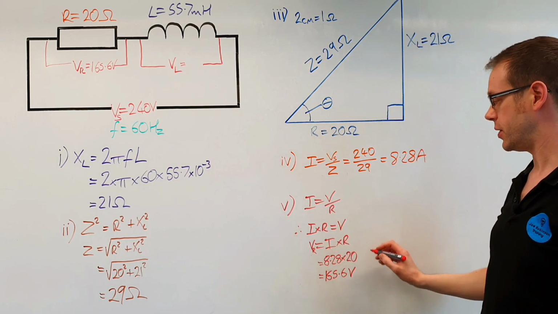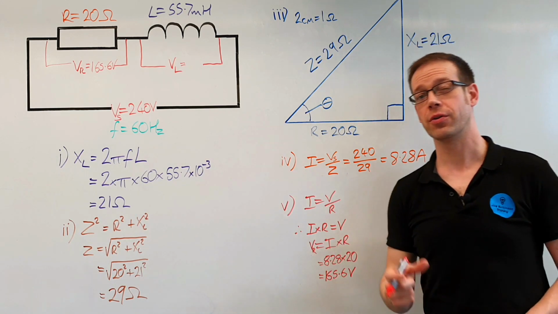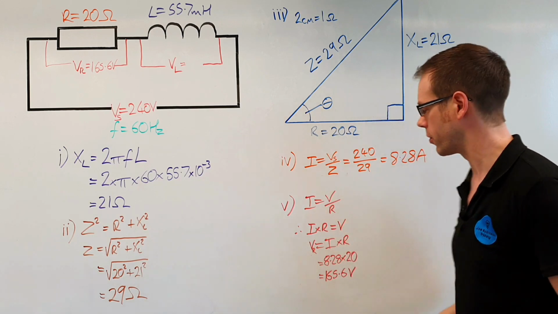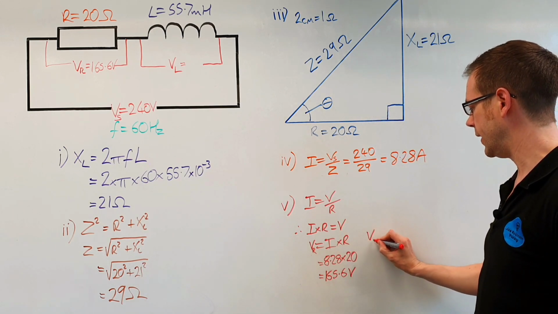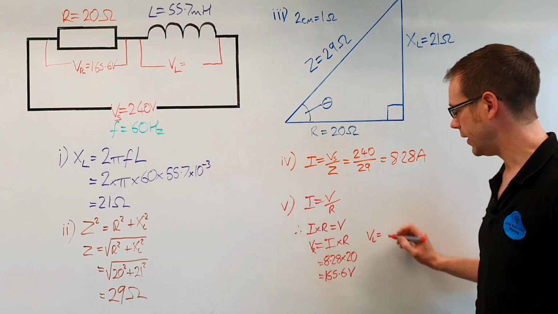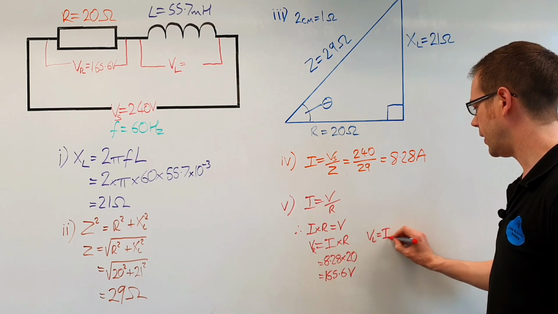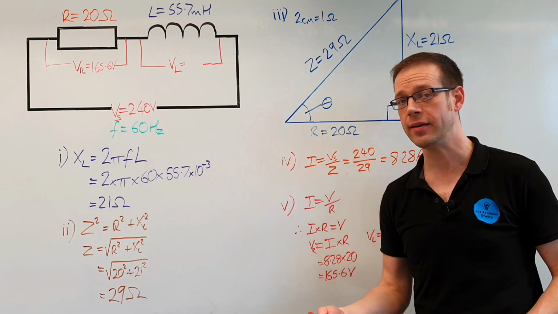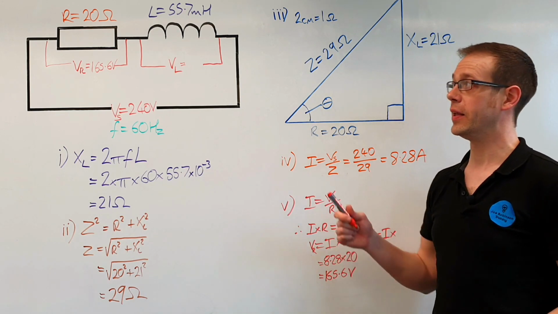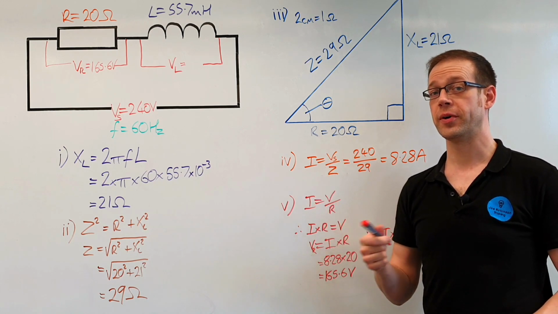And now we just do the same thing again to find the voltage across the inductive part of the load, across the inductor. But instead of using VR, we're going to use VL. So VL is equal to I times, and in this case, we're not going to use the value of R because we're not worried now about the opposition to current flow caused by the resistor.